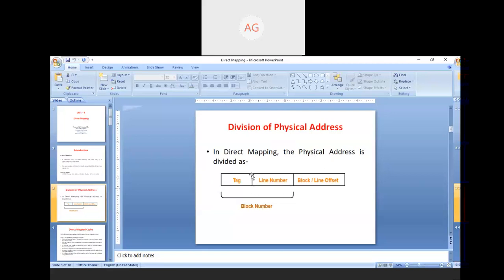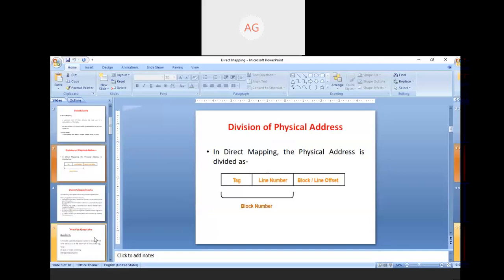It has been divided into three parts. First is tag, second is line number, and the third is block or line offset. And the block number is being derived by combining the tag and the line number. So just remember this diagram in order to solve the questions which are based on direct mapping.